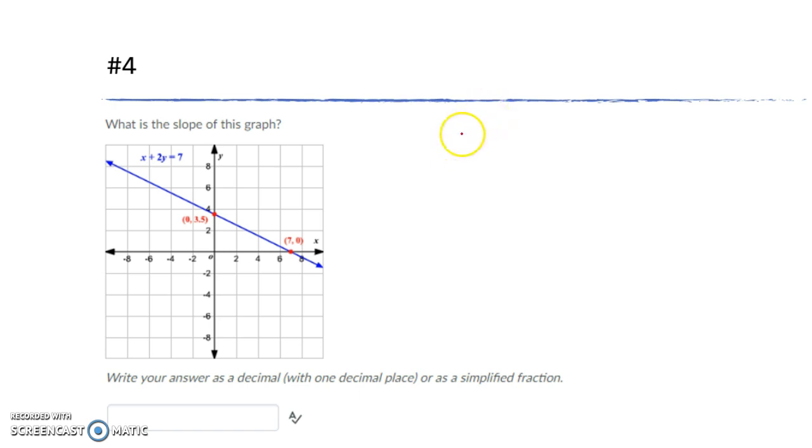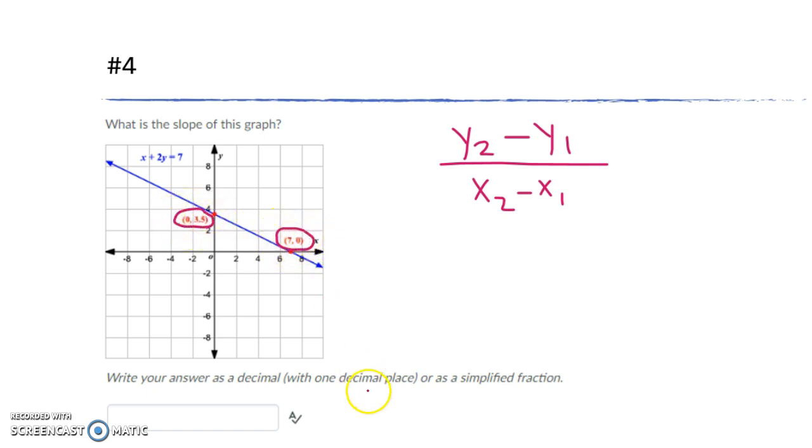So you have 2 pretty convenient points labeled for you already, and so we're going to use this formula, y2 minus y1 divided by x2 minus x1 to calculate out our slope. We can use the points (7, 0) and (0, 3.5) to get our answer. So you will find the 2 y values and subtract them, then take the 2 x values and subtract them.